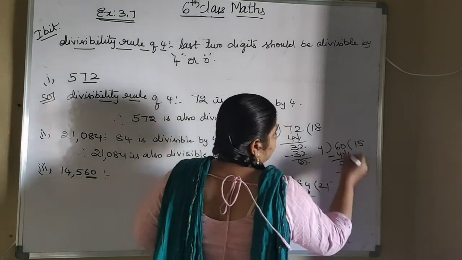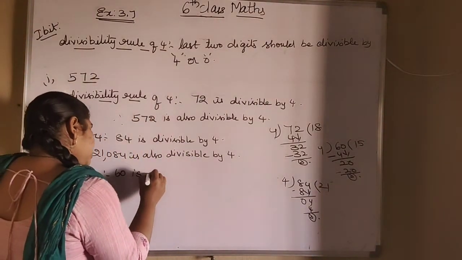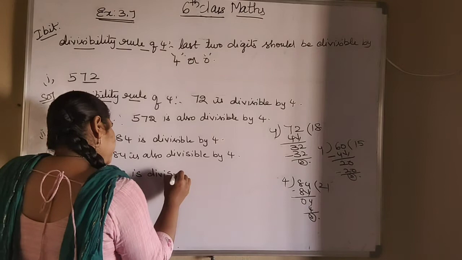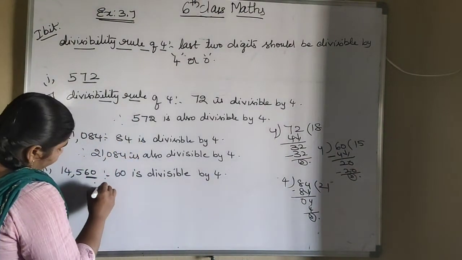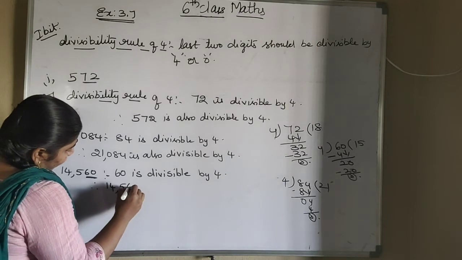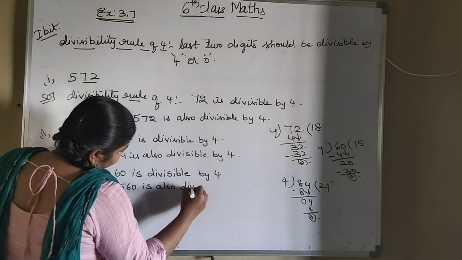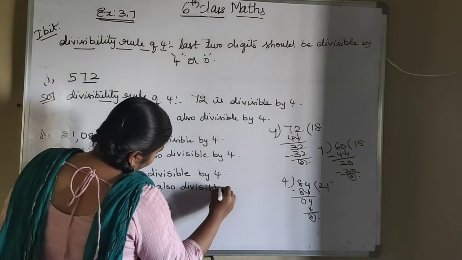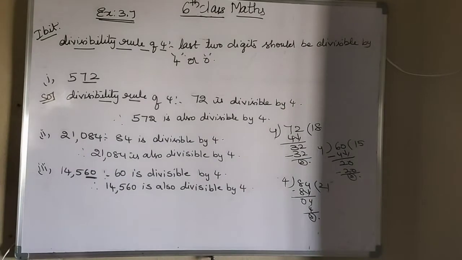So it is divisible. What will you write here? 60 is divisible by 4, therefore 14,560 is also divisible by 4. So this is our third solution.